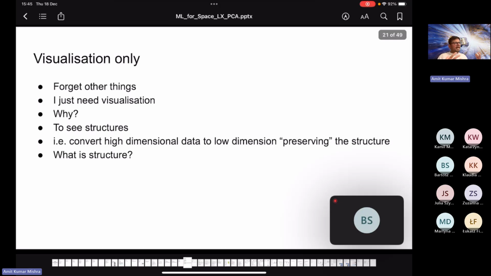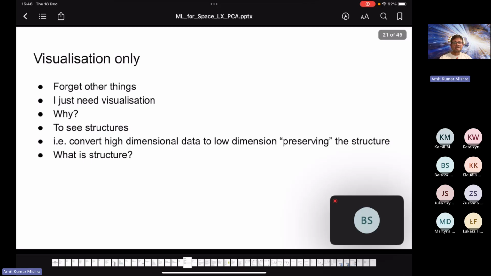But the naive data that you have collected may be in a high dimension. For example, your Sentinel-2 data, 12 dimensions. We human beings cannot see 12 dimensions, so we have to reduce that to 3 dimensions, let's say. So visualization has got a very distinct aim.